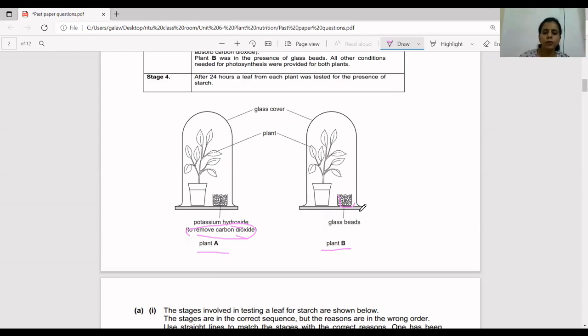So this plant will perform photosynthesis, as it has everything required for the process of photosynthesis. So this plant is your control plant, and plant A is your experimental plant, and plant B is your control plant.